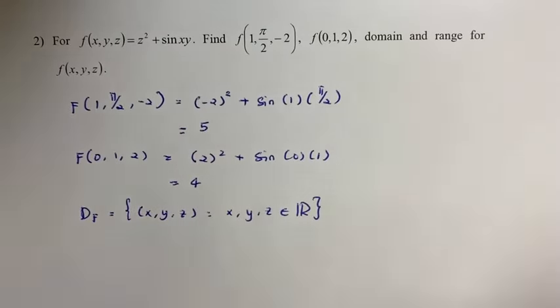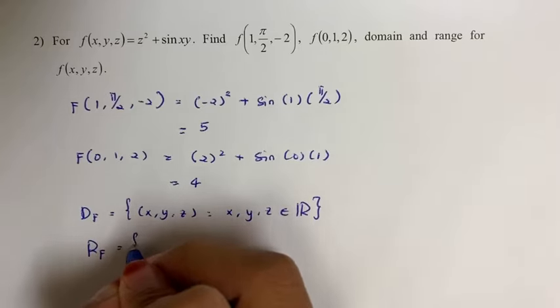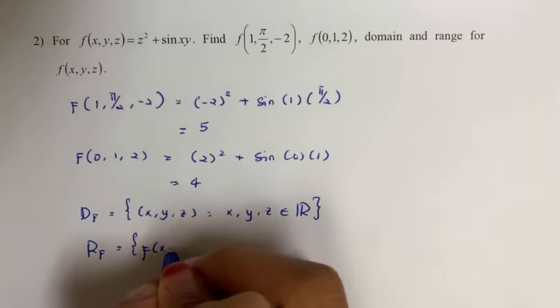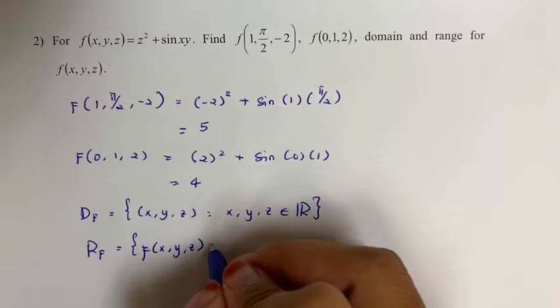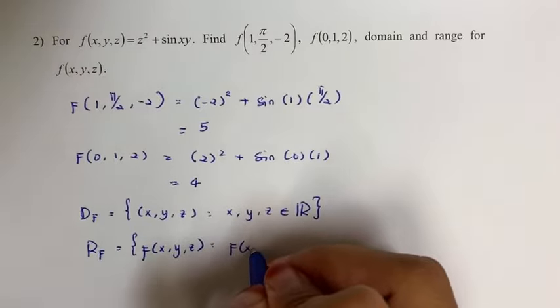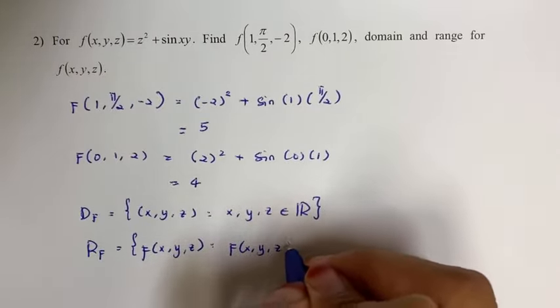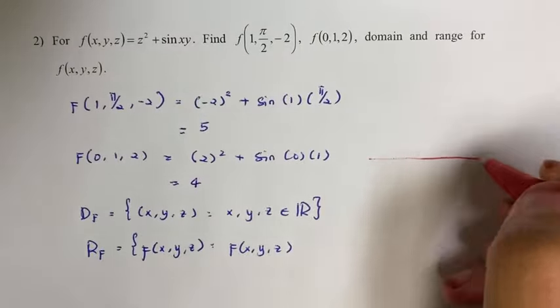And then for the range of f, we look for the value of f(x, y, z). So what is the value of f(x, y, z) when you substitute the domain? For this one, you need to consider the graph for sine.